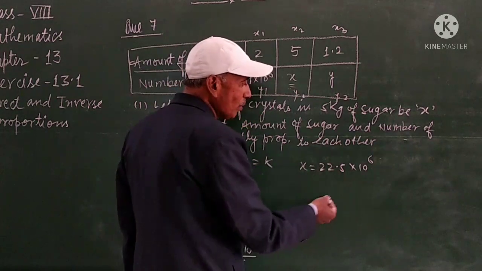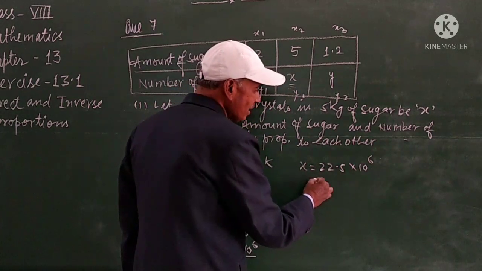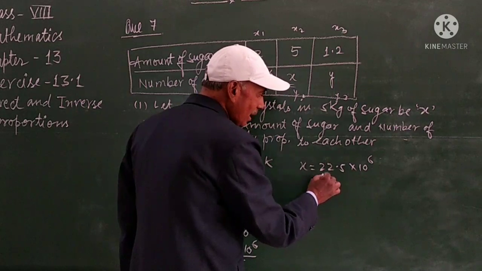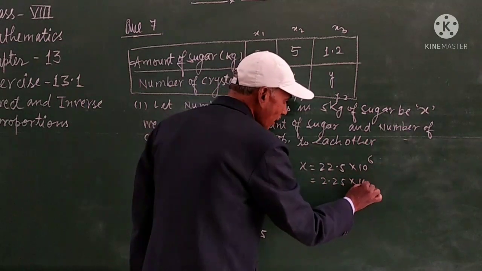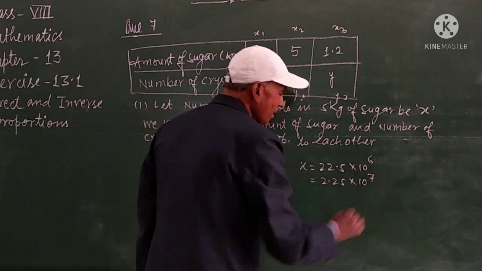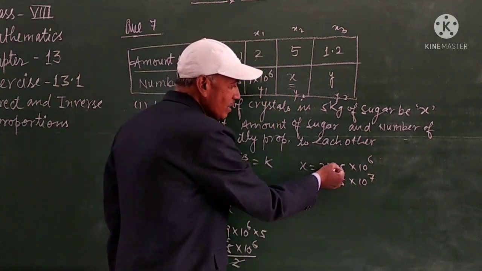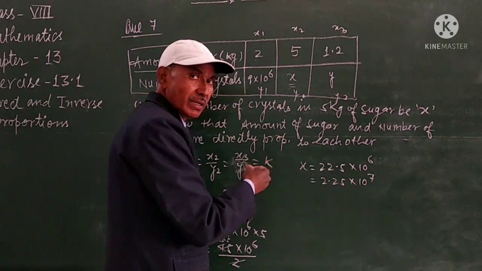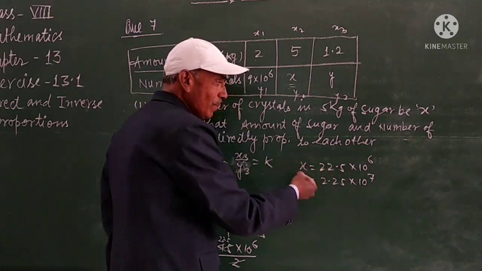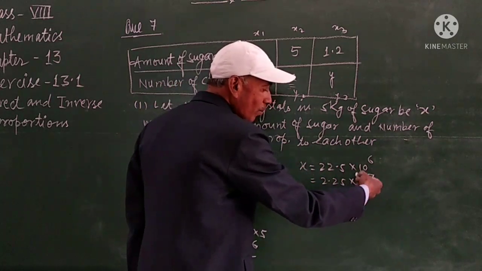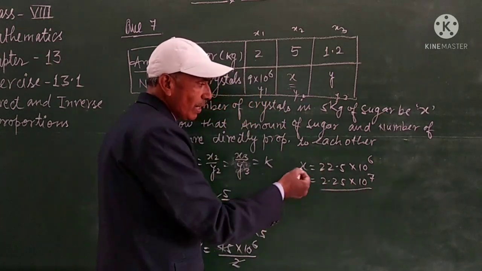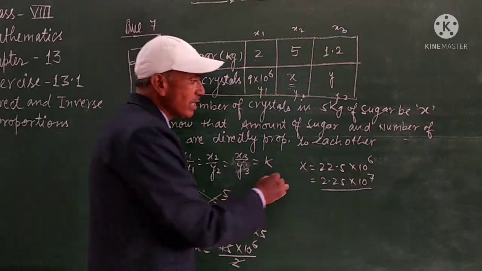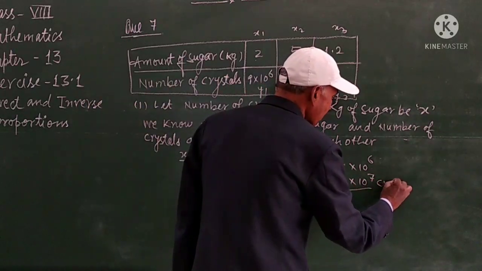Now we have to write it in standard form, so it will be 2.25 into 10 to the power 7. स्टूडेंट यहाँ पर हमने डेसिमल को 1 प्लेस राइट से लेफ्ट में प्लेस कर लिया और यहाँ पर पावर को 1 इंक्रीज कर दिया. This one will be 2.25 into 10 to the power 7 crystals.